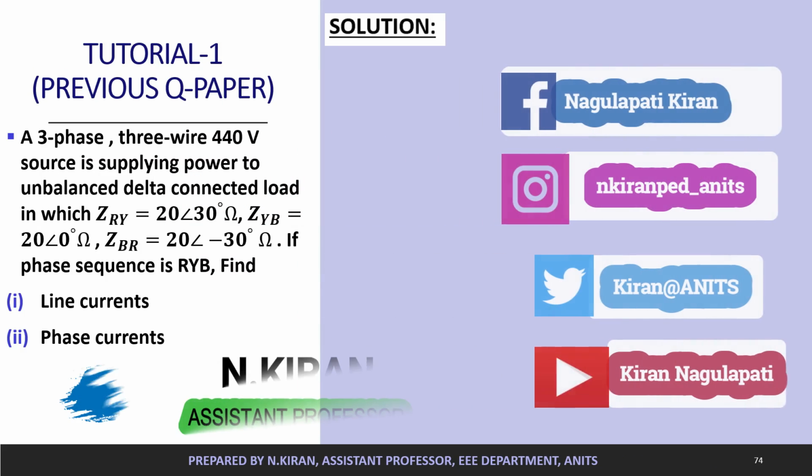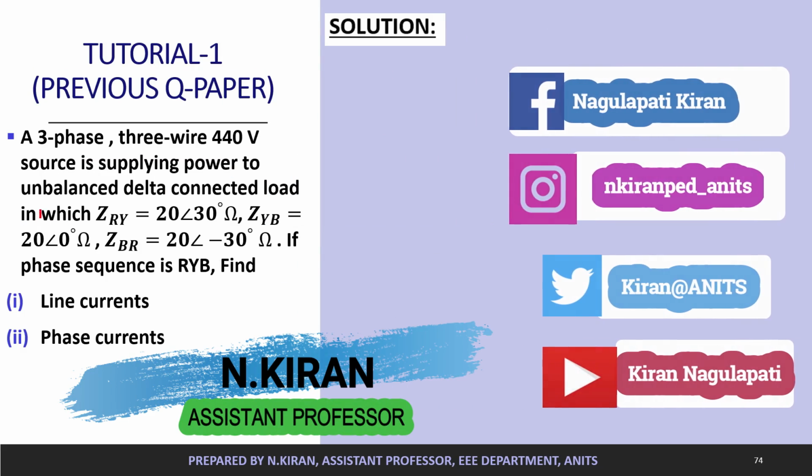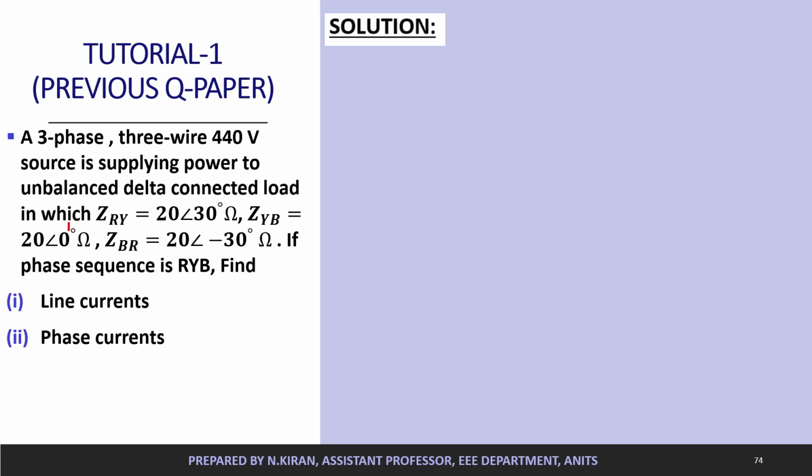In the first tutorial, a three-phase, three-wire 440 volt source is supplying power to an unbalanced delta connected load in which the following impedances are given, and if the phase sequence is RYB, line currents and phase currents are to be calculated.